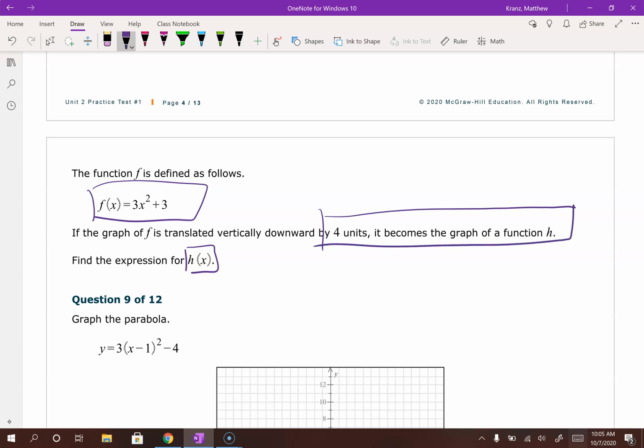When we go 4 units down, that's going to change this right here, correct? Because whatever's with x goes left and right. So our h of x is just going to be the same thing, 3x squared, but when we go 4 units down, we're just minusing 4, so it gives us a negative 1. And that's all it is.